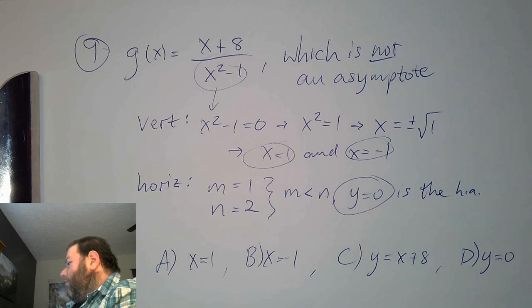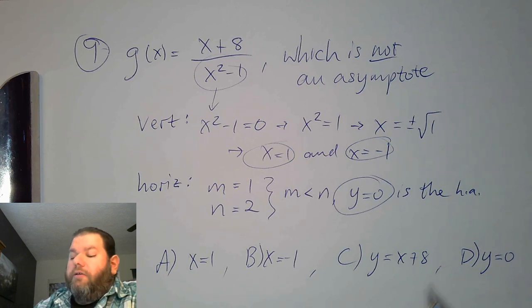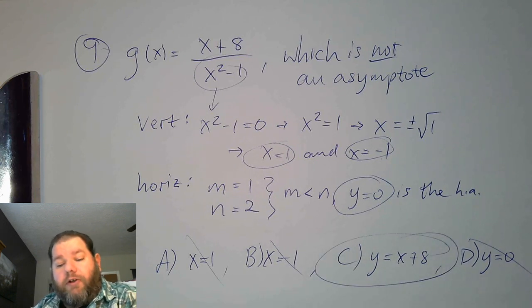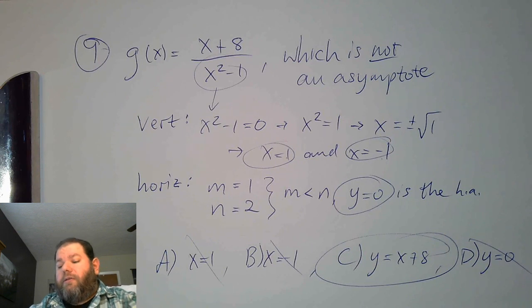When we look at the answer provided that way, we know 1 is valid, we know negative 1 is valid, and we know 0 is valid, so the only one left over with the process of elimination is C. Does that make sense?